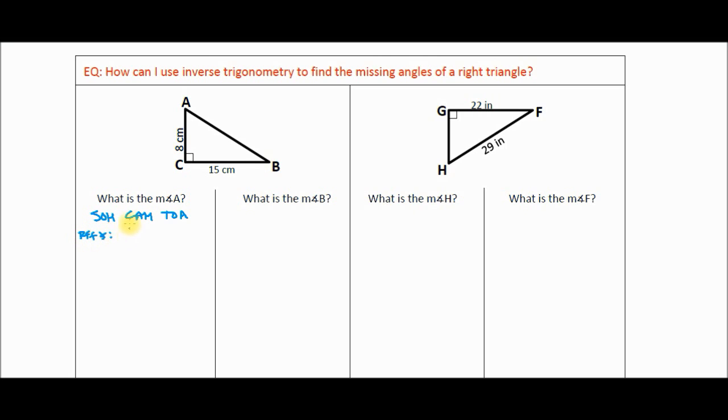Our reference angle is going to be A, because we want to find A. So the reference angle is A. All right, let's take a look at the two sides we know. If our reference angle is A, then the two sides we know are BC and AC.